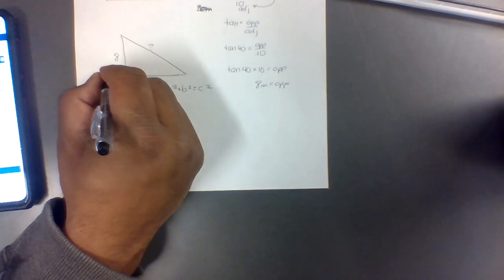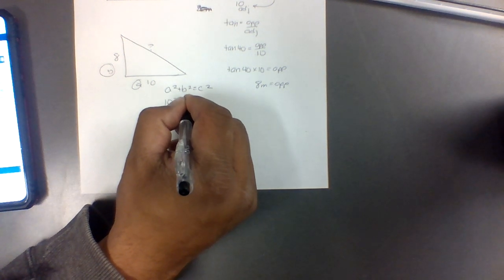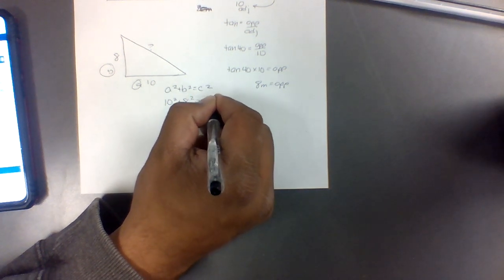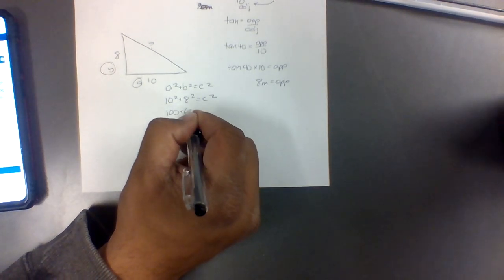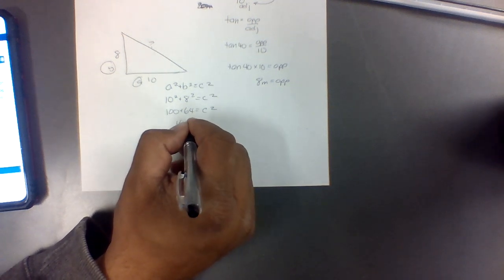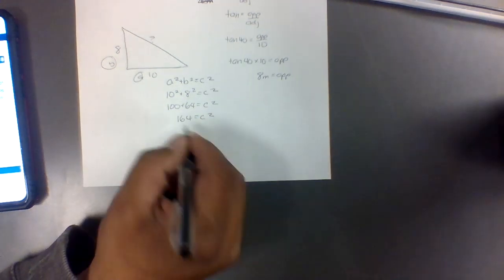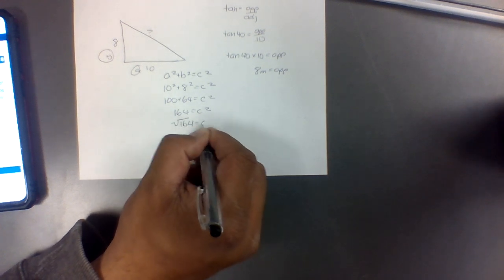We'll call this a and this b. So 10 squared plus 8 squared is going to equal c squared. 100 plus 64, c squared. 164 is c squared, but I would need c all by itself, so it's the square root of 164, which is going to equal c.